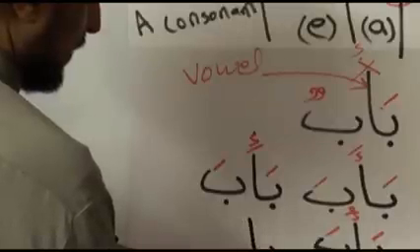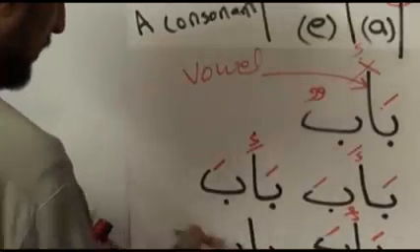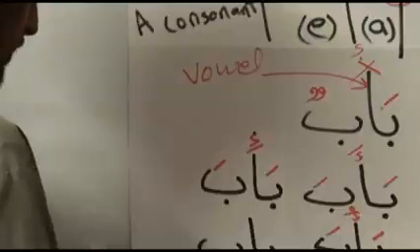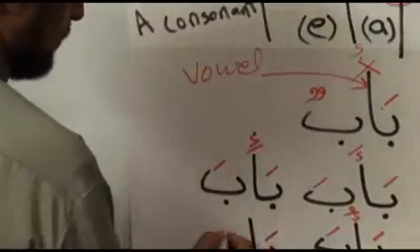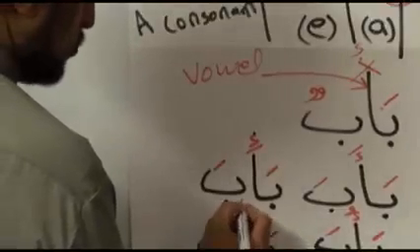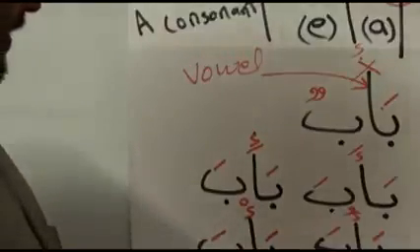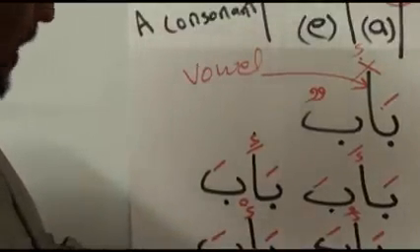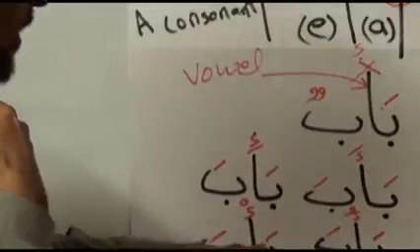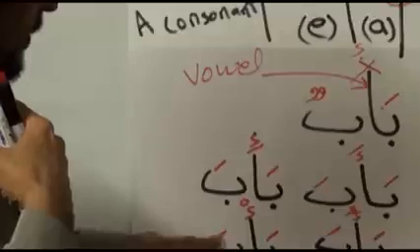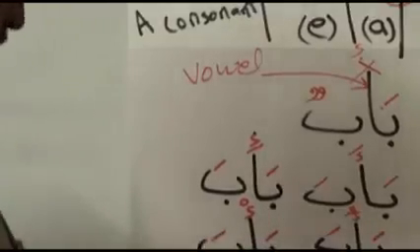Let me try one more thing. We forgot the sukoon. Let's try the sukoon on the hamza and see how it sounds. We have ba'ba. Let's put a sukoon on the hamza, because it's a consonant, and we can put a sukoon on a consonant. Ba'ba.